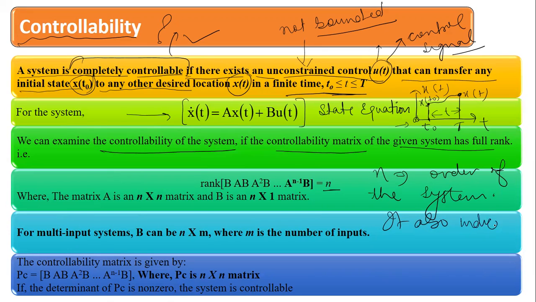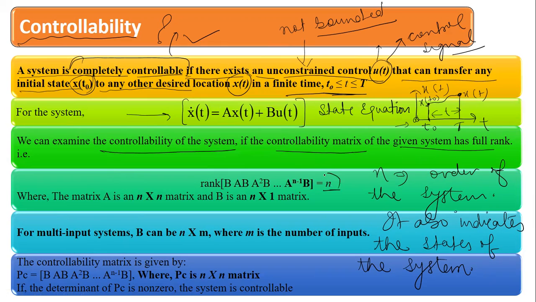It also indicates the states of the system. So the rank of the controllability matrix should be full.